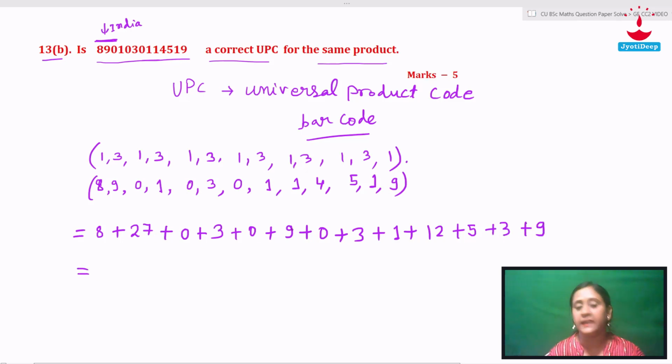Now we have to add all these numbers. Okay, so we can simplify it.